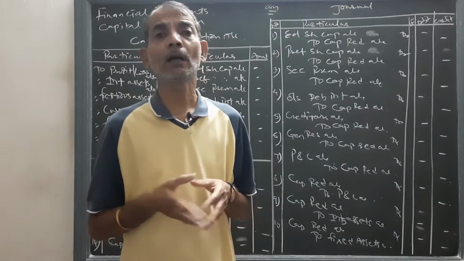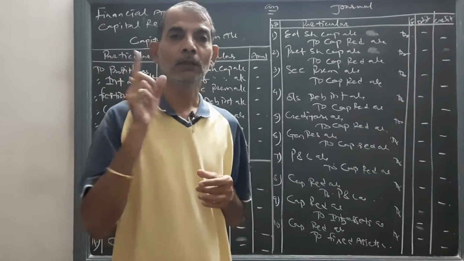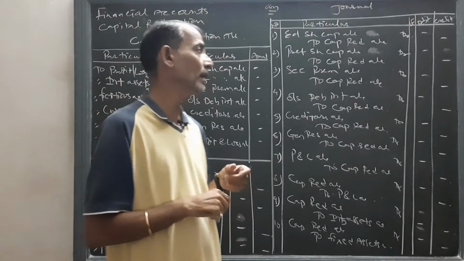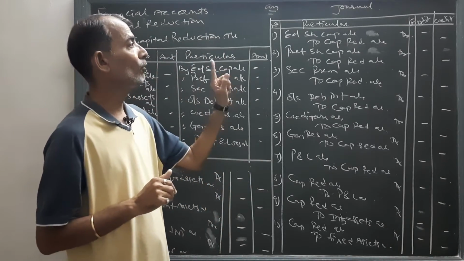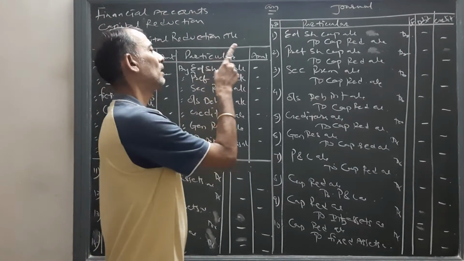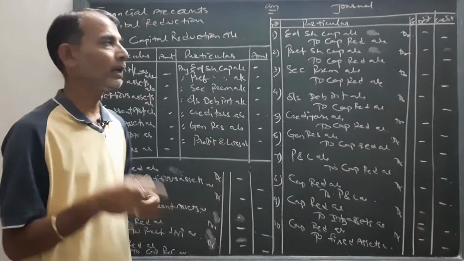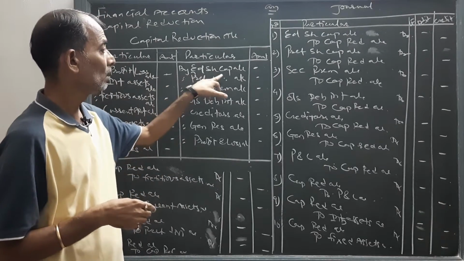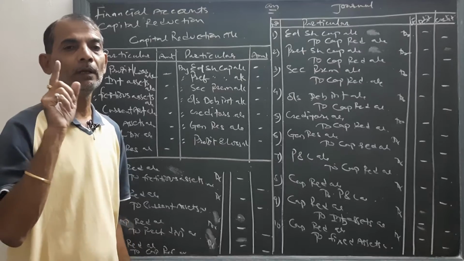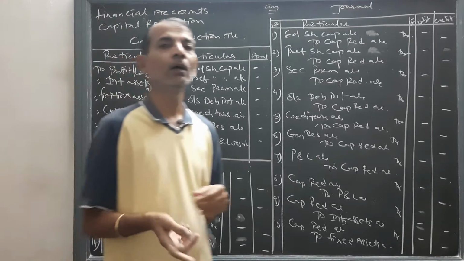Whenever a company reduces the value of its shares, it passes the entry: equity share capital account debit to capital reduction account, and that amount is written on the credit side of the capital reduction account.